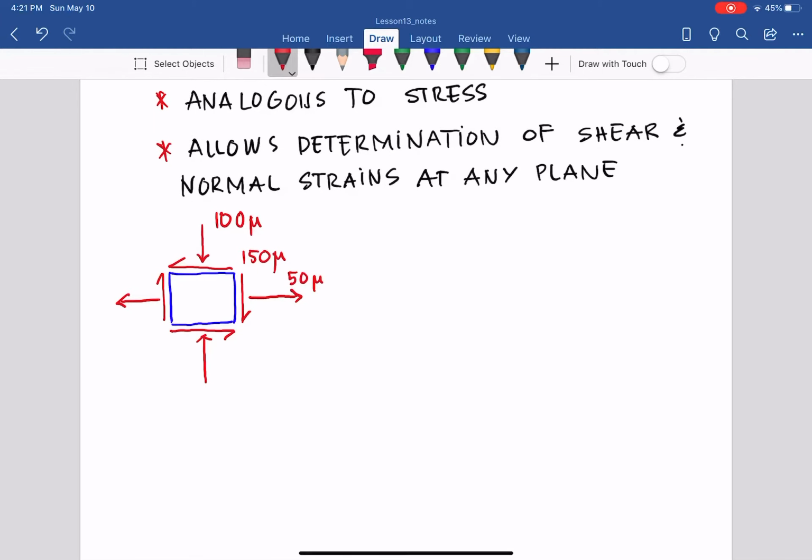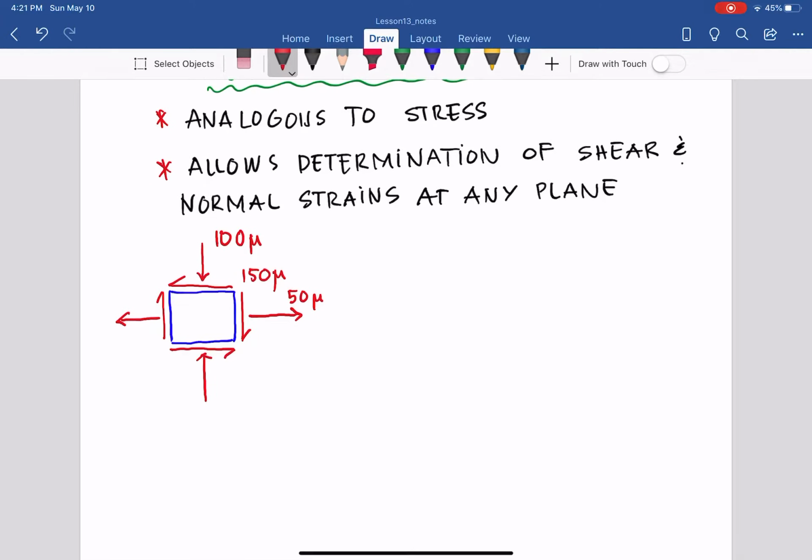To determine the Mohr circle, we need to find the location of the center, and then the radius. Here we have epsilon x equal to 50 micro inch over inch, epsilon y negative 100 micro, and gamma xy over 2.